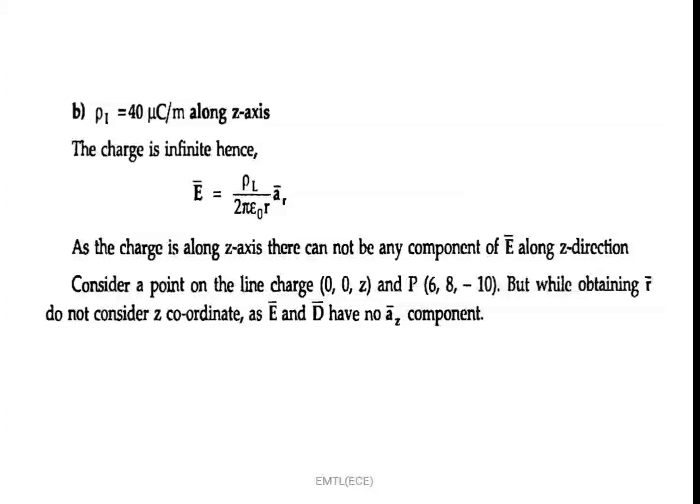When we find the distance between these 2 points, we do not consider the z coordinate, that means in the vector notation we have no AZ bar component.